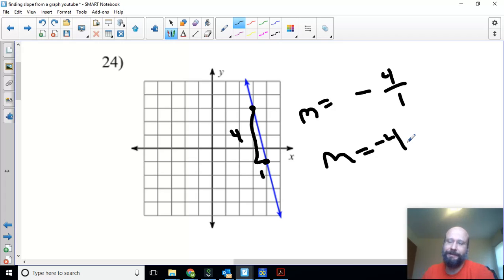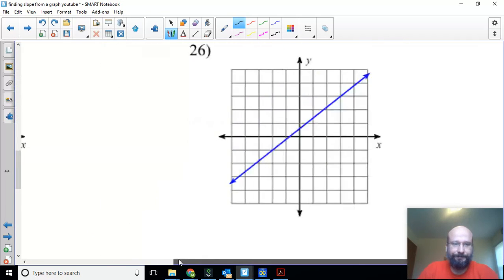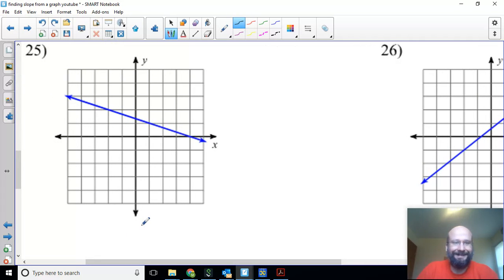If you're having trouble on this, we can do some more practice. I'll do these 2 and we'll end. The only hard thing, if you understand how to find it, is finding the good points and just understanding that if it's in the line in the middle like this, that's not a good point.